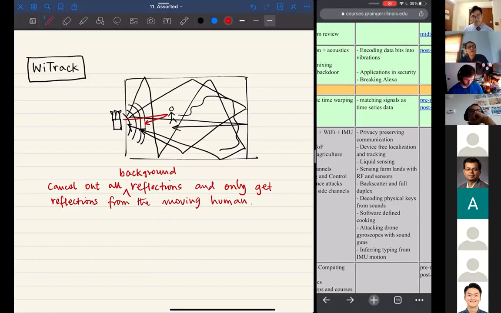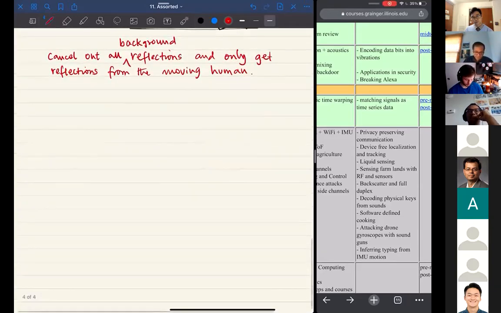Right? Why is this possible? Here is the broad idea. The assumption is only the human is moving and everything is static. Okay. So now when I send a signal from one transmitter antenna and I receive the signal, let's think of it this way.